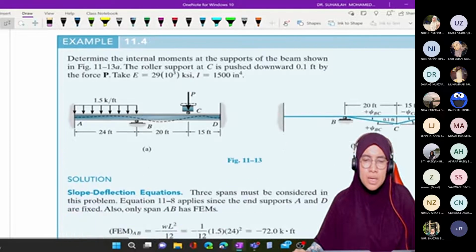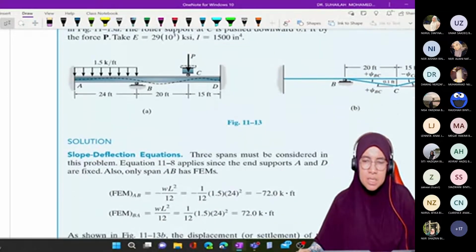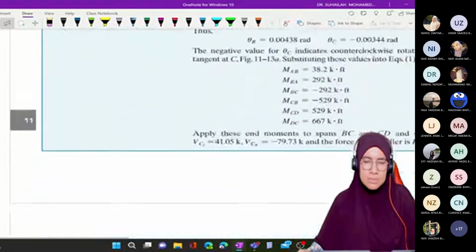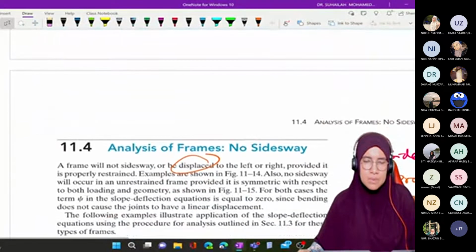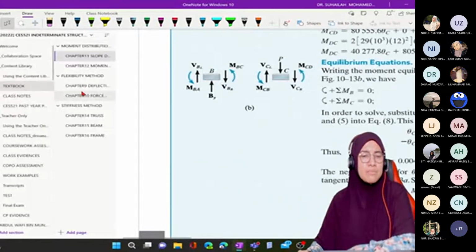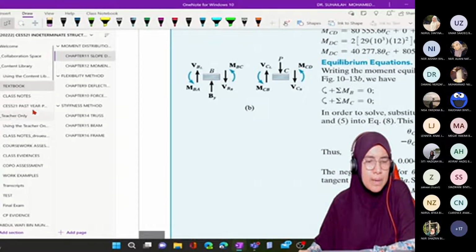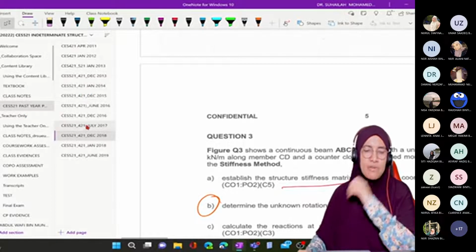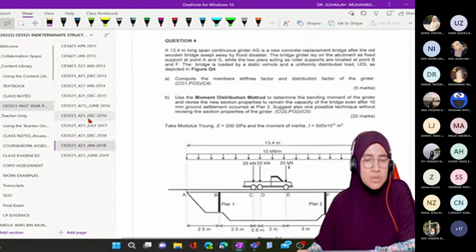Roller support is pushed downward 0.1 feet by force P. There are not many examples. Okay, never mind, we look at past year's exam paper. The one I have here is 521. Never mind, 521, it's the same.